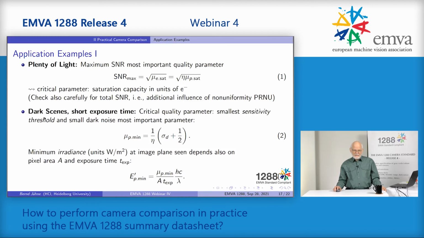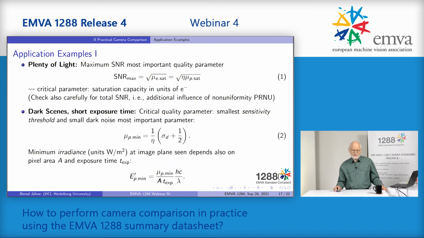For dark scenes and short exposure times, the critical parameter is the smallest sensitivity threshold, and this is just the equation of how the sensitivity threshold is related to the dark current and the temporal dark noise. And then, of course, the temporal dark noise is a real critical issue in that case. The minimum irradiance, that's important to add here as well, depends also on the pixel area.